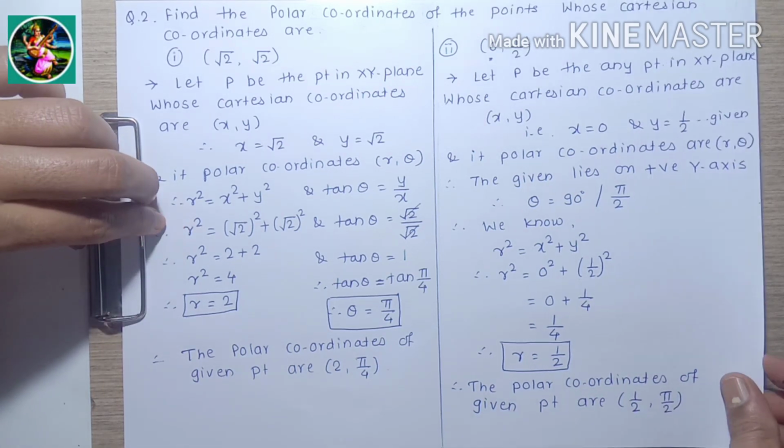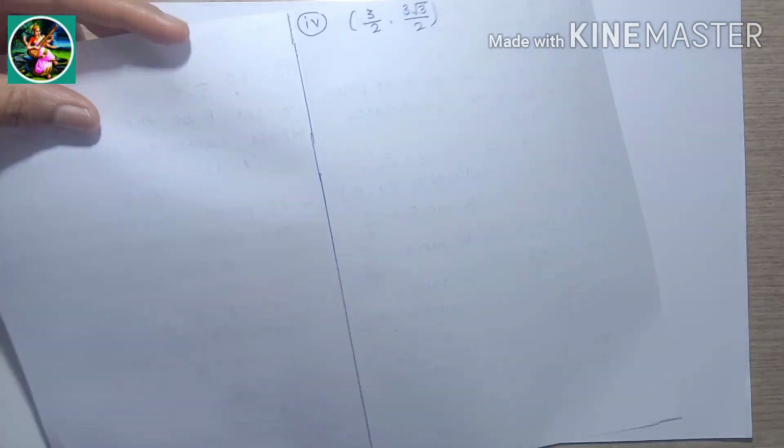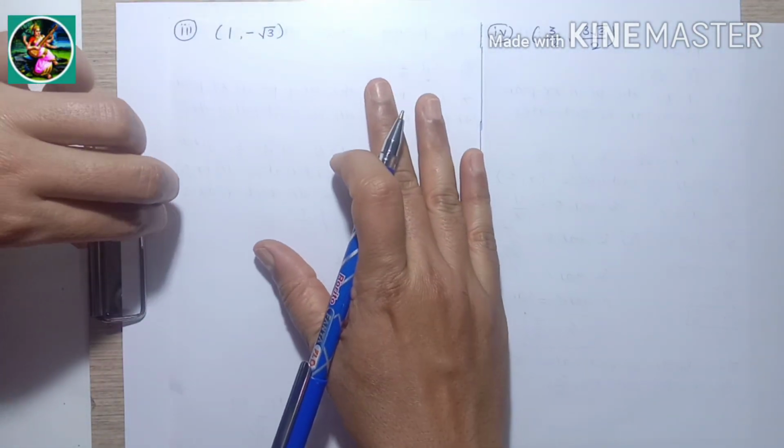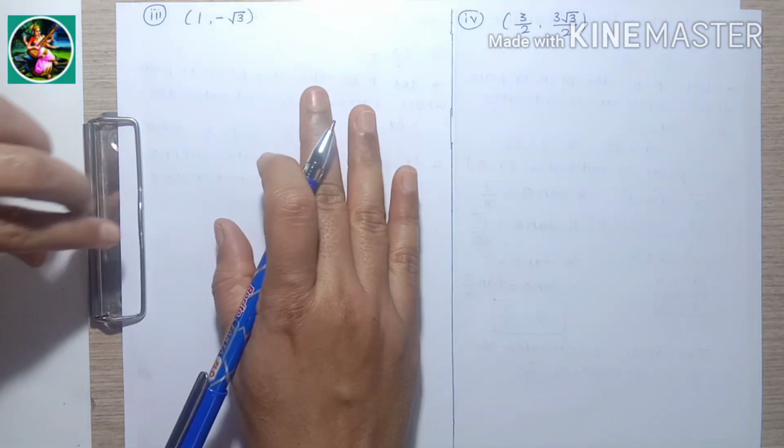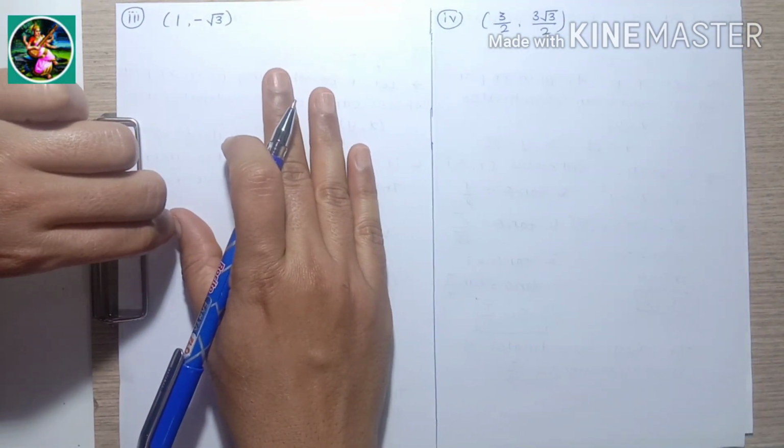Now we have to solve one more example, that is 1, minus root 3.